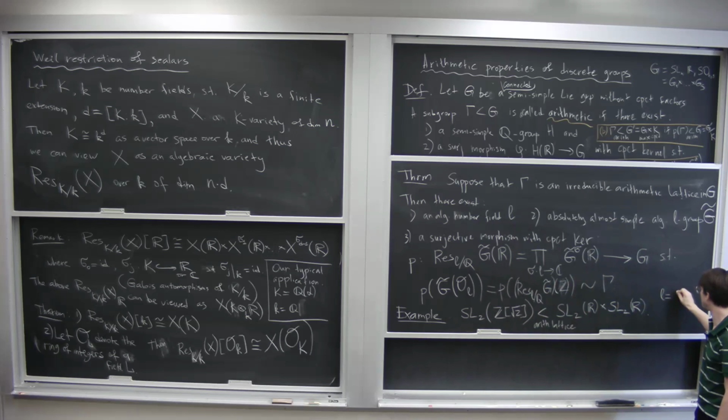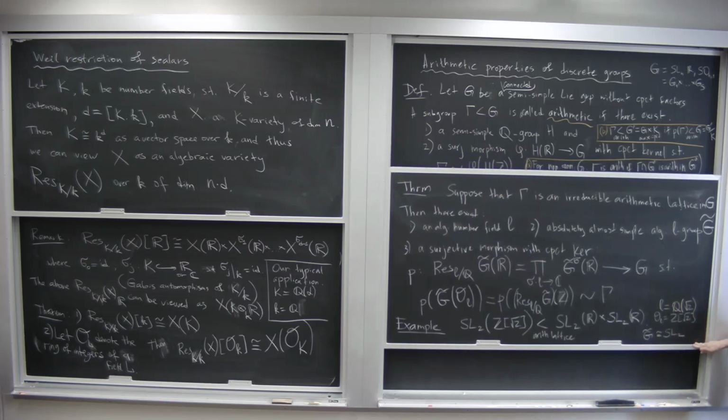So L is Q adjoined root 2, obviously O_L is Z adjoined root 2. And my algebraic group G tilde is just the algebraic group SL2.